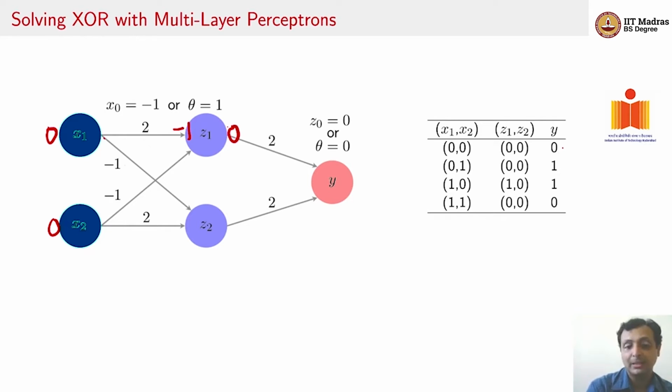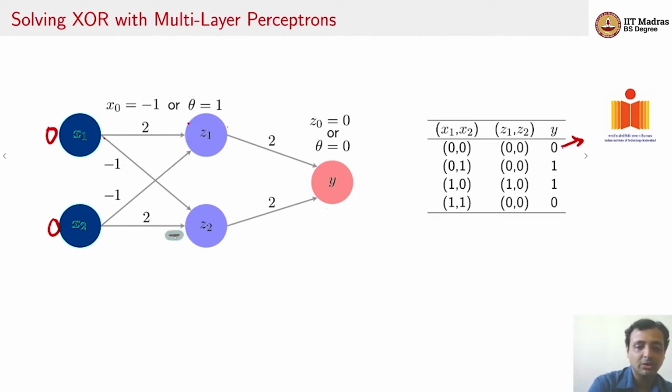You would get exactly the same for Z2: a -1 and its output to be 0, which means Y gets 0. We can assume the threshold is 0, and only values greater than 0 give you a 1 as output. And because the output at Y is 0, you would get the final output to be 0.